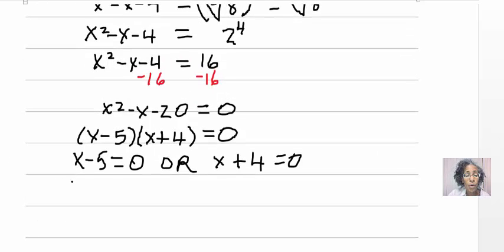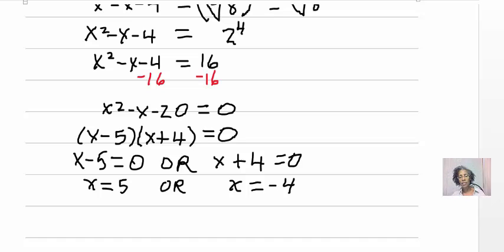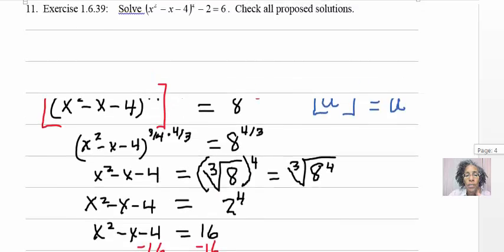It's possible only one of them might work. It's possible that neither one of them works. So it just depends on the nature of the problem. All right, so I've got two proposed solutions, and those need to be substituted into the original equation.